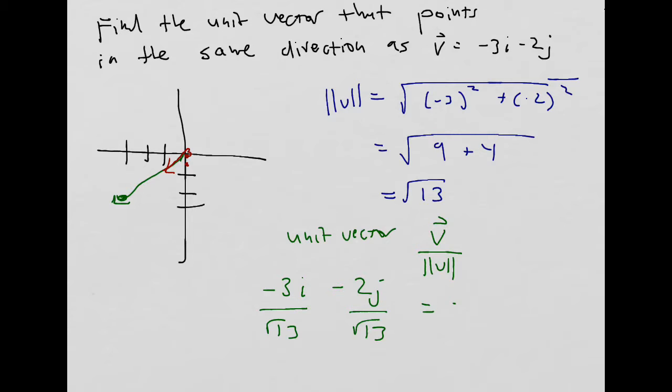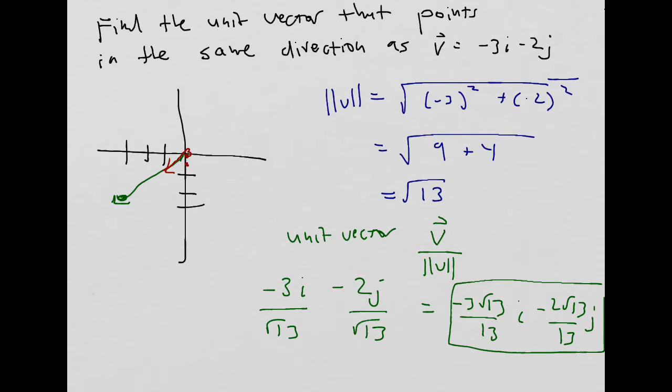We'll rationalize, so negative 3 radical 13 over 13i minus 2 radical 13 over 13j. So this vector points in the same direction but has a magnitude of 1. If you actually use the Pythagorean theorem on this, we would get a magnitude equal to 1. So that is the unit vector that points in the same direction.